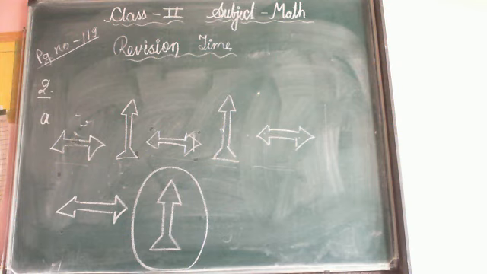Circle the single sided arrow, that is the purple one. Circle the purple arrow. Do it fast.